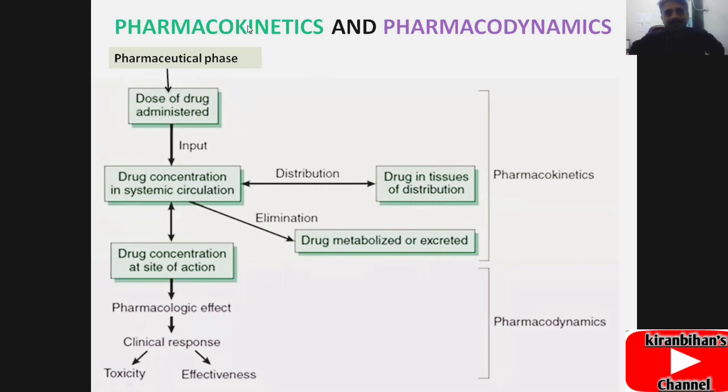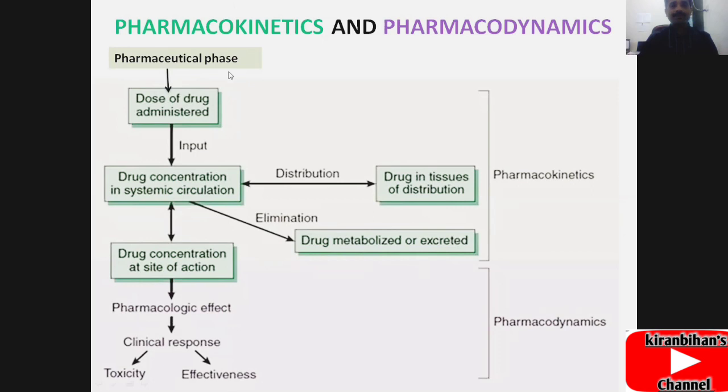Let's describe more pharmacology and the terms pharmacokinetics and pharmacodynamics. Before administration, there is a pharmaceutical phase, like the shape, size, and the nature of the dose. That is the pharmaceutical phase.